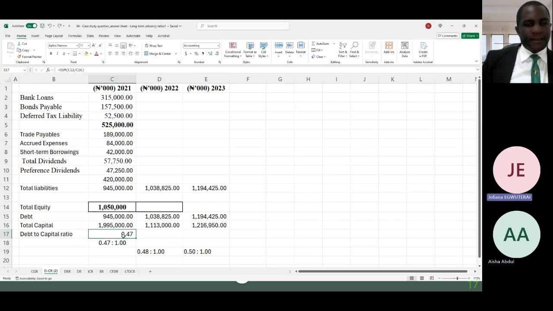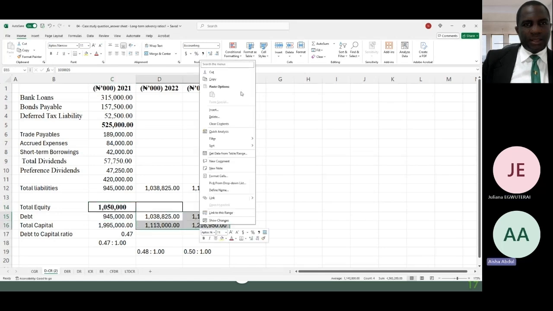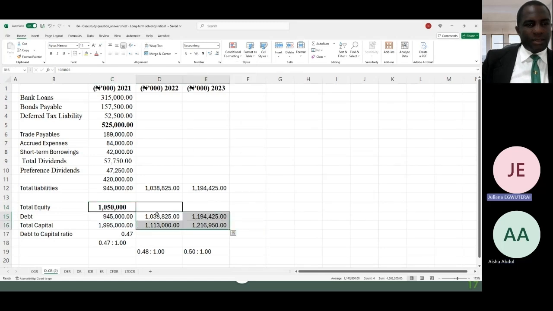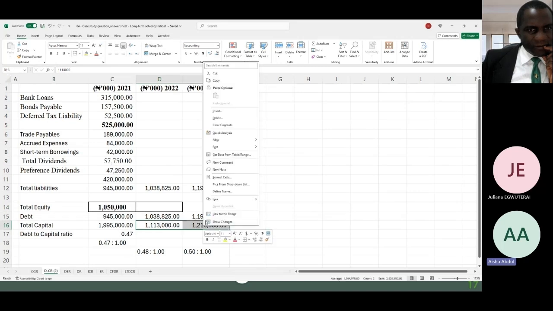Yeah. Exactly. So I'm dragging and I'm wondering why my formula is giving me something different. You didn't add the two. Oh, okay. I didn't add these two. That's the total equity. The equity was at the top. So did I pick 1,113? It should be up above 1,038,000.